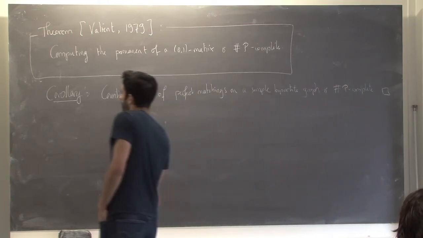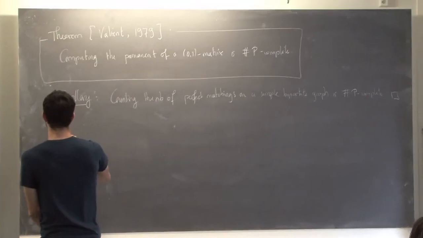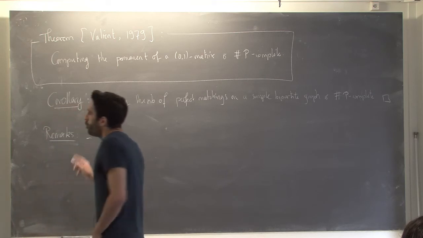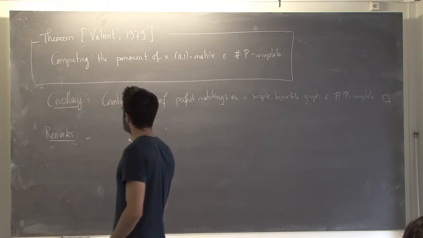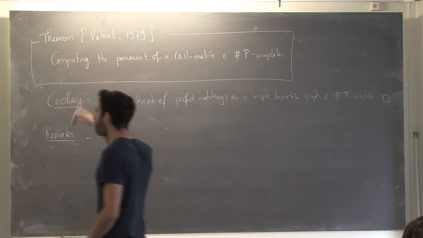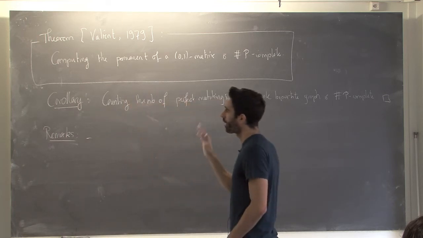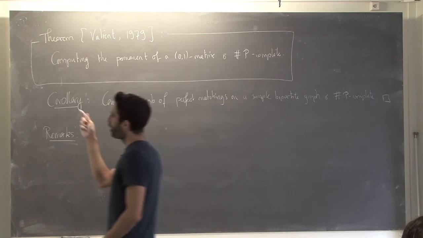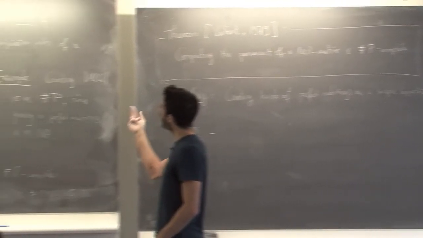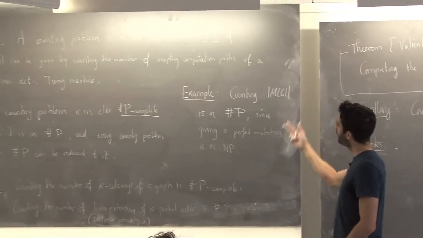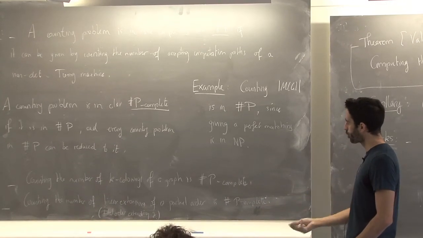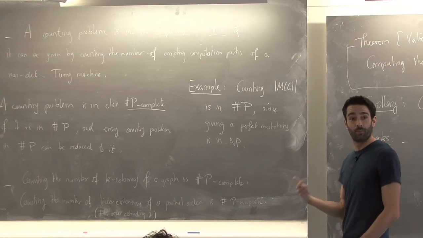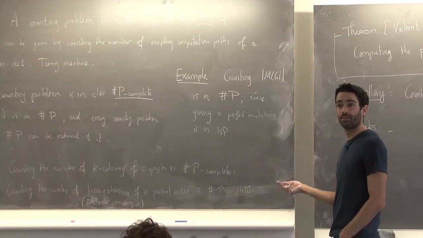So maybe as a remark, I don't know so much about complexity theory, but apparently this class of problem is extremely interesting, because it's a problem where the actual search problem, can you find a perfect matching, is in P, but the counting problem is sharp P complete, right?